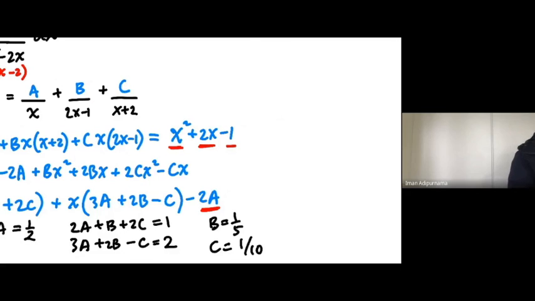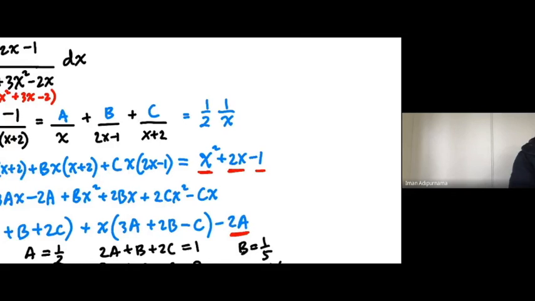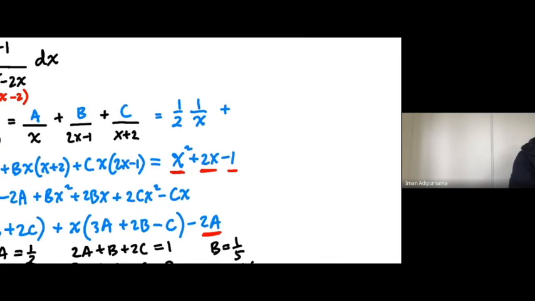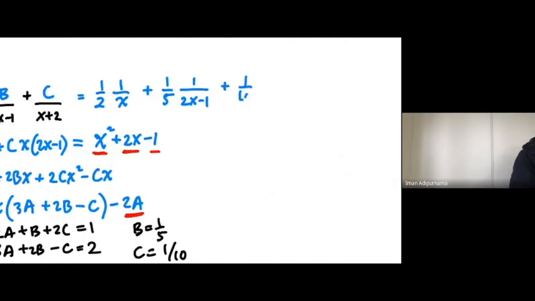So we can finish this a, b, c. It becomes half of 1 over x, plus 1 over 5 of 1 over 2x minus 1, plus 1 over 10 of 1 over x plus 2.